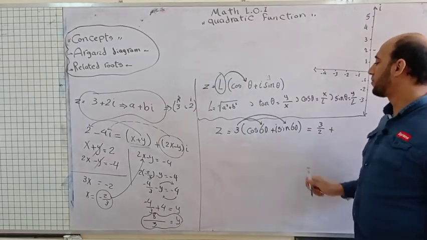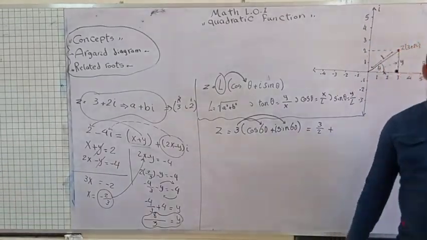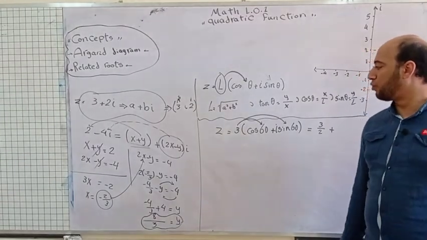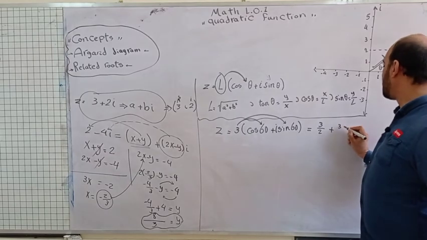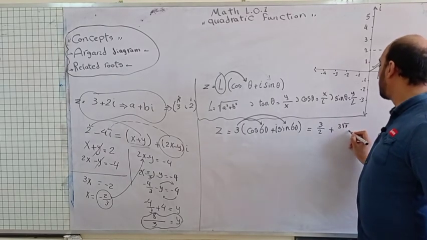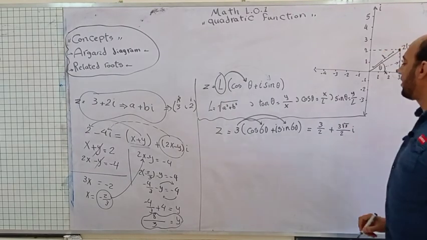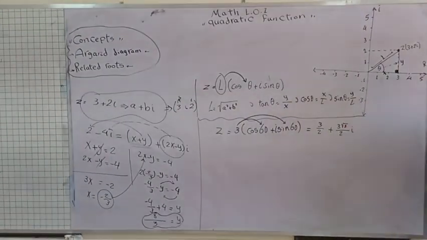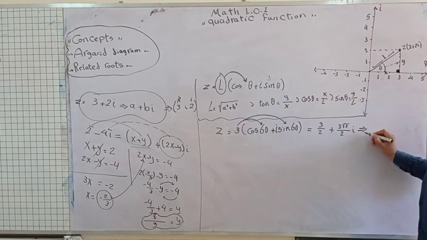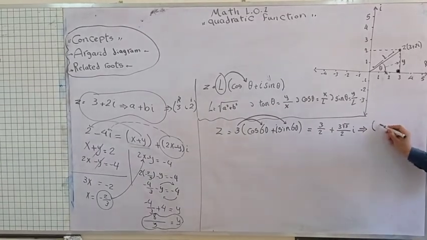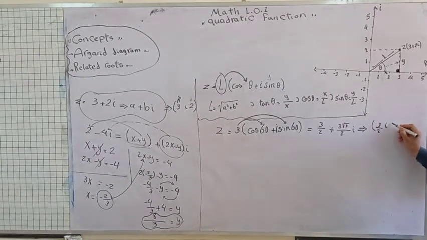Plus sine 60 equals root 3 over 2. Then we will multiply it by 3. We will get 3 root 3 over 2 i. And this shape is the algebraic form. And also we can write it as an ordered pair, 3 over 2 and 3 root 3 over 2.